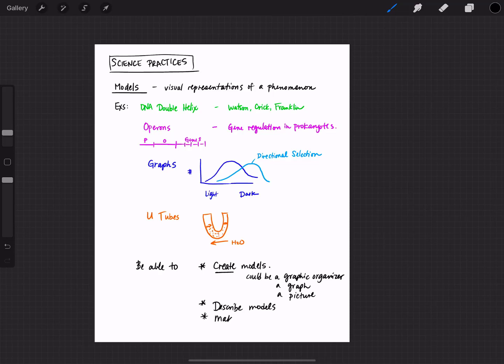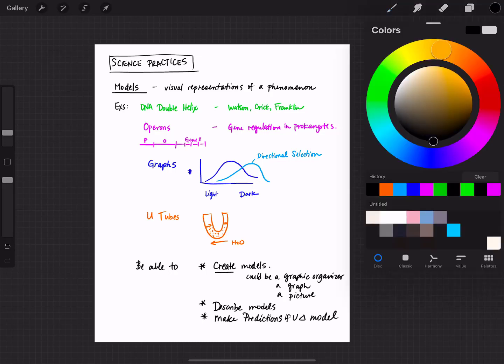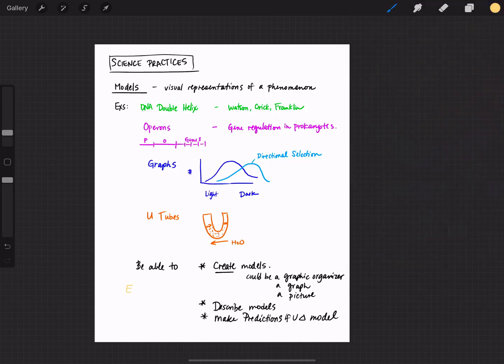Okay, oftentimes you're asked to describe models, so they will actually give you a picture or a diagram and have you interpret it or describe it. They can also ask you to make predictions if you change the model. And I saw quite a number of these types of questions in our cell communication unit.